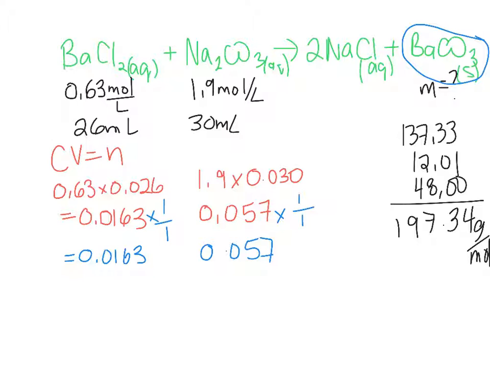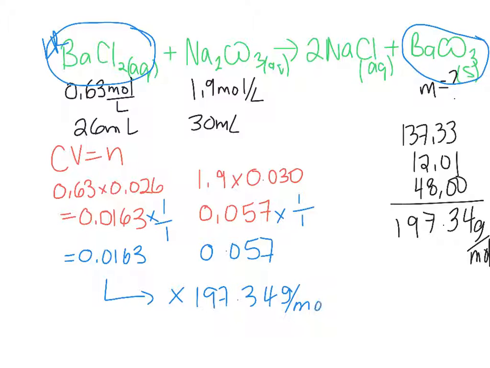Which one of these numbers is the smallest? Correct. So barium chloride is your limiting reagent. Take this number, multiply it by 197.34 grams per mole, and you have the mass that we can theoretically get if everything goes right.